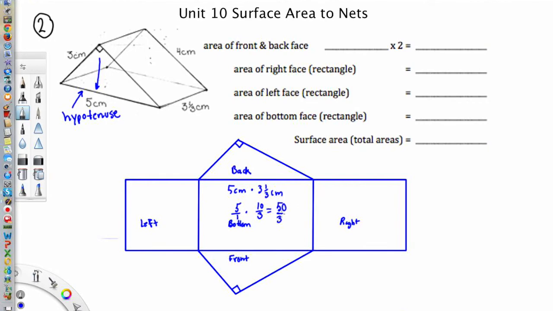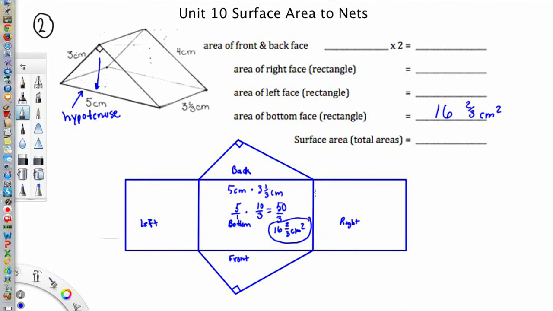And when I reduce 50/3, that will be equal to 16 2/3 centimeters squared. And I got the centimeters squared from centimeters times centimeters. I just didn't transfer that label all the way through till the end. Okay, but there is the area of our bottom face. So I can put that in right now. That's 16 2/3 centimeters squared.